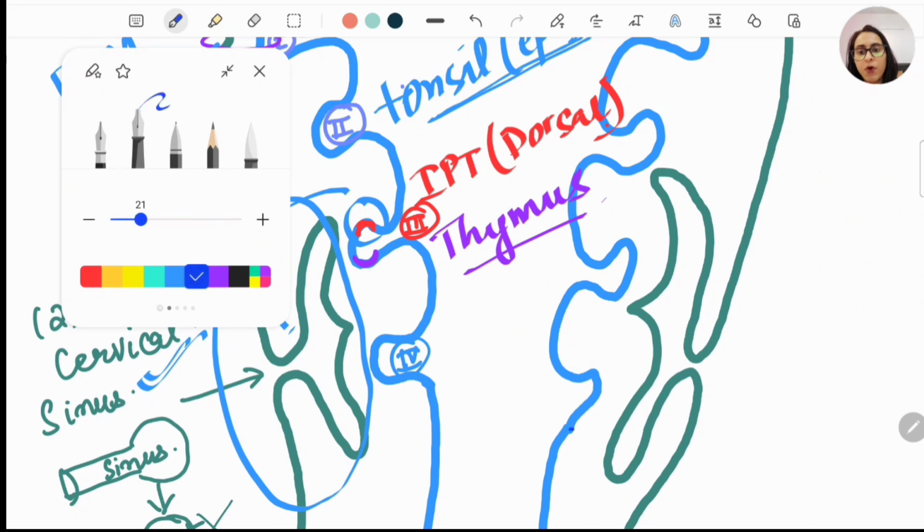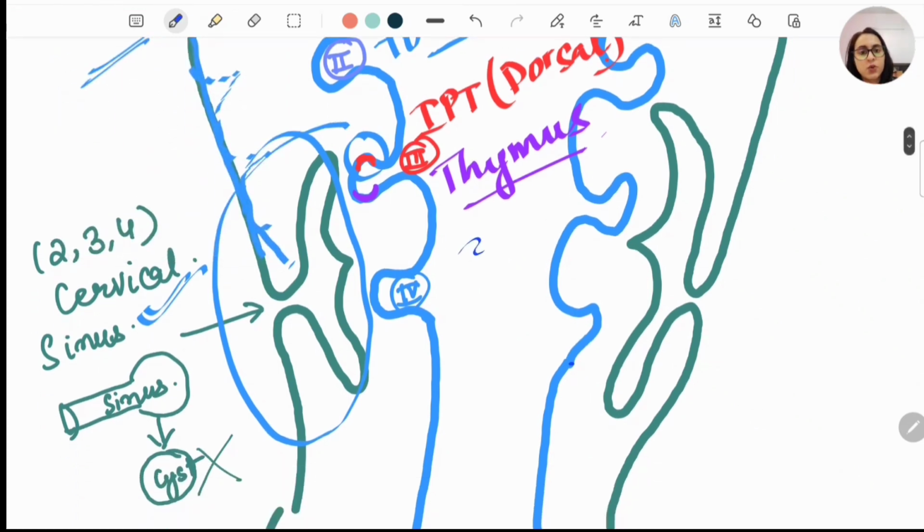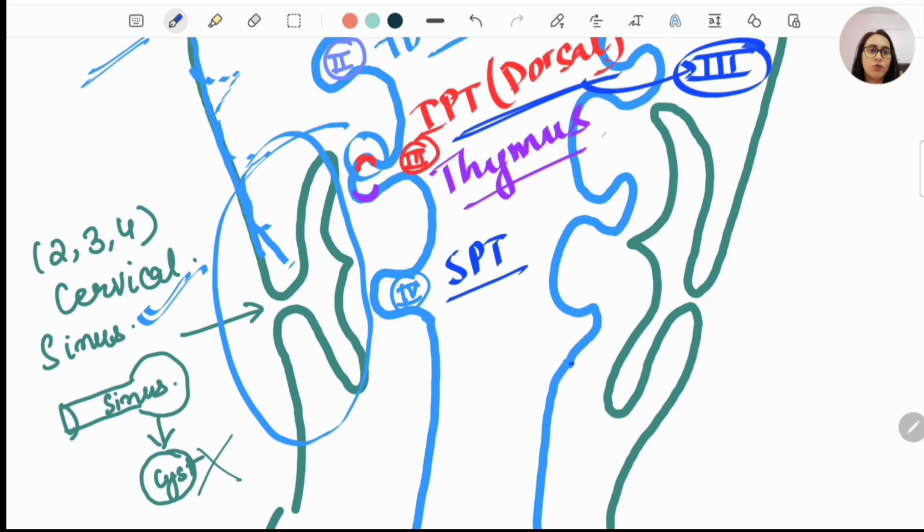Now talking about the fourth pharyngeal pouch, which forms the superior parathyroid. So the third pharyngeal pouch forms the inferior parathyroid, while the fourth pharyngeal pouch forms the superior parathyroid. So inferior comes first. The inferior parathyroid is a derivative of the third pharyngeal pouch, while the superior parathyroid is a derivative of the fourth pharyngeal pouch.